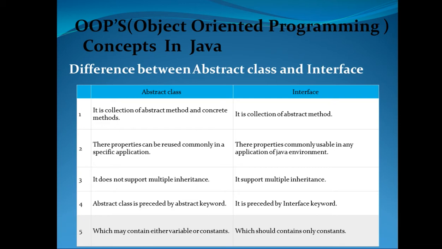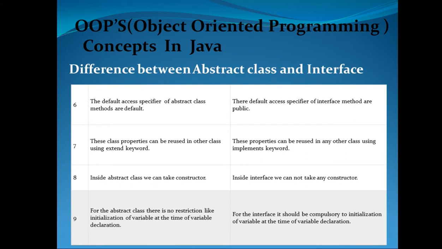Abstract class properties can be reused commonly in a specific application, whereas interface properties are commonly used in any application of the Java environment. Abstract class does not support multiple inheritance, while interface supports multiple inheritance. Abstract class is preceded by the abstract keyword. Interface is preceded by the interface keyword, and it should contain only constants.